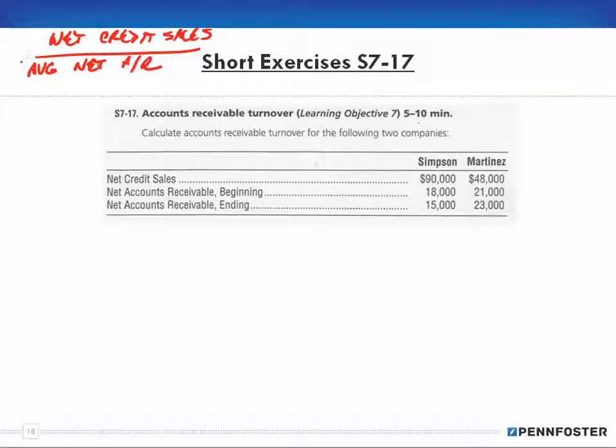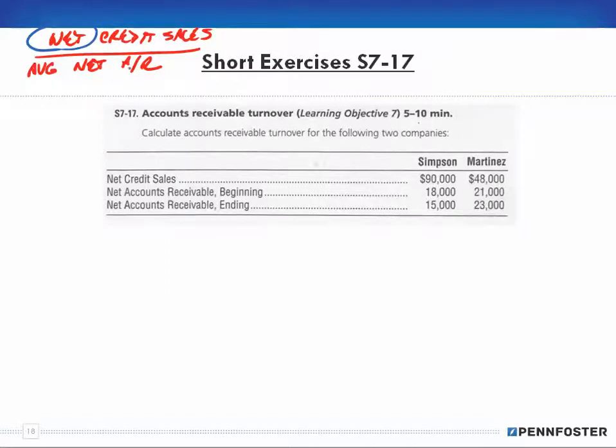Okay, and now I'm not going to go into all of the theory here, because I covered that in the theory video for Chapter 7 on doing this calculation. Even though this here is a basic formula, notice that we have the word net here, which means depending upon the amount of data you're given, you may end up having to calculate what the net credit sales is.